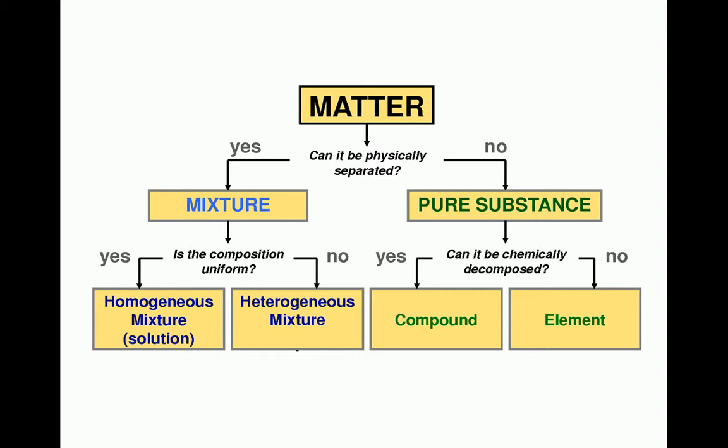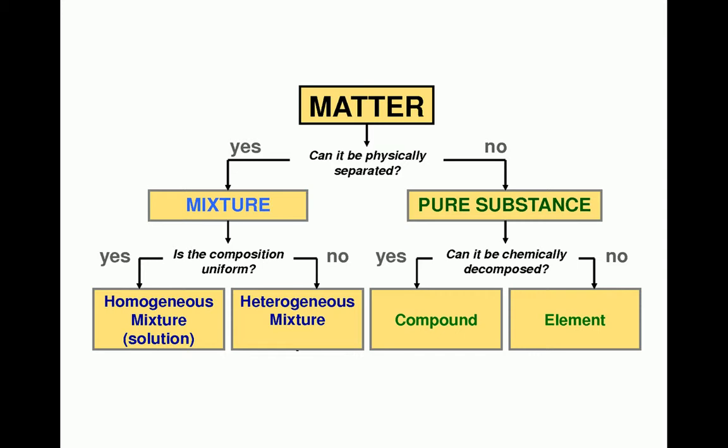So now we can look at our distribution of matter in a little bit more detail. So the first question when we have a sample of matter that we may ask is, can it be physically separated? Can the components be physically separated? And if the answer is yes, then we have a mixture.